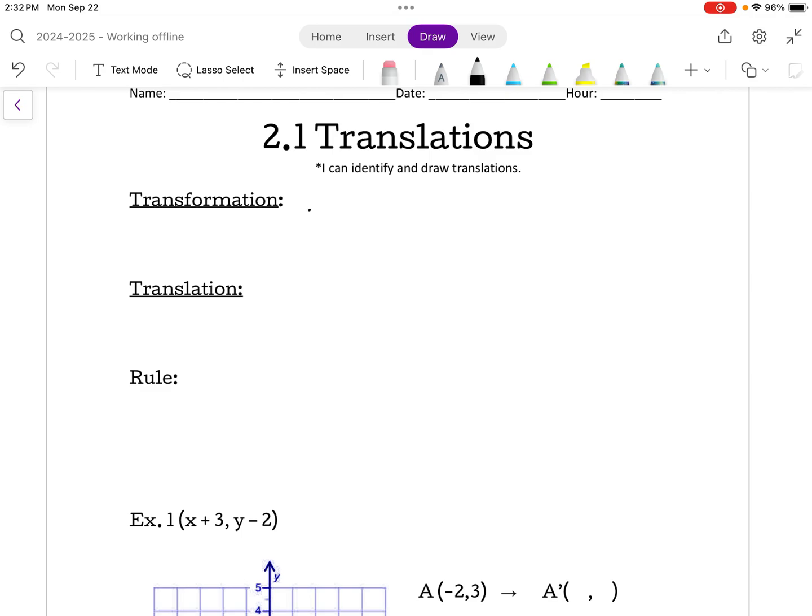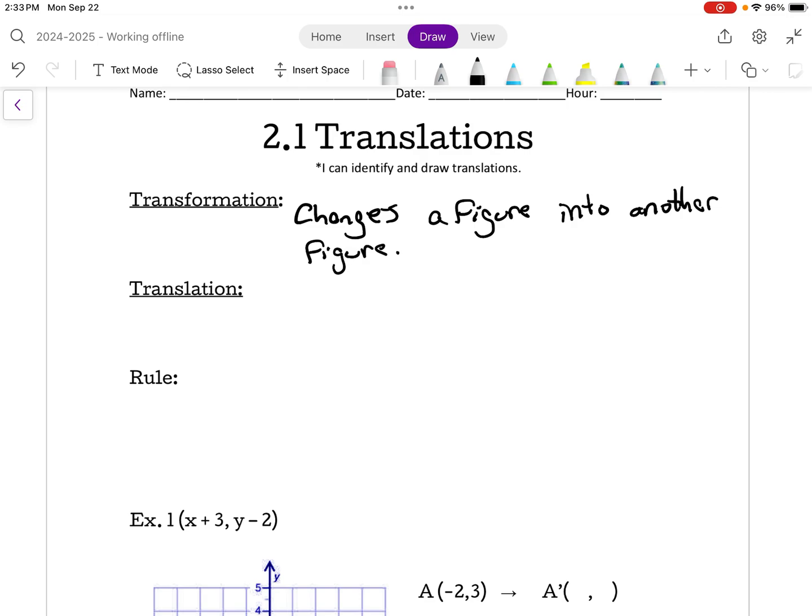So a transformation changes a figure into another figure. And the one we're working on today is called a translation.